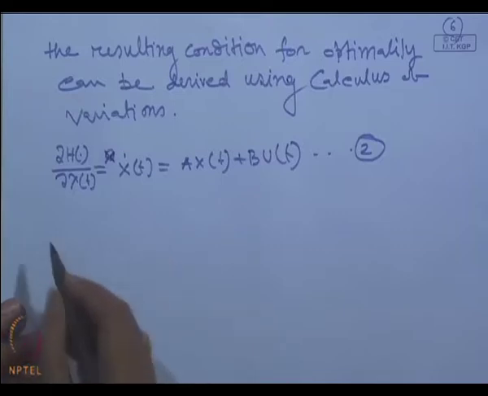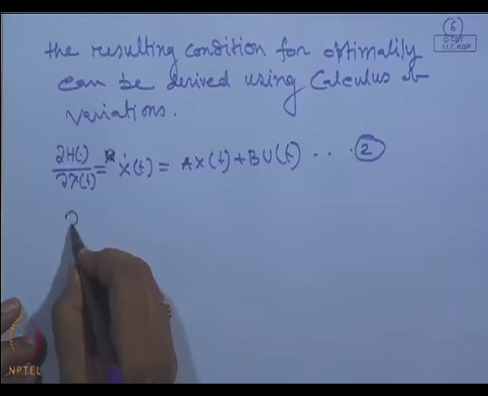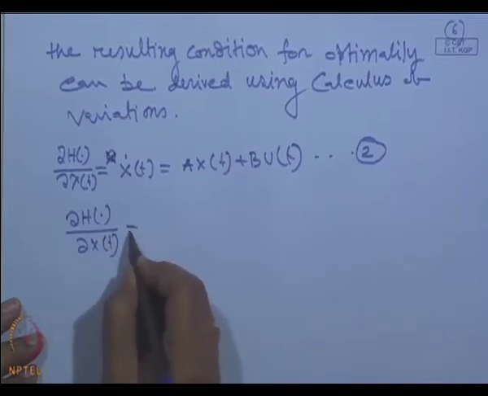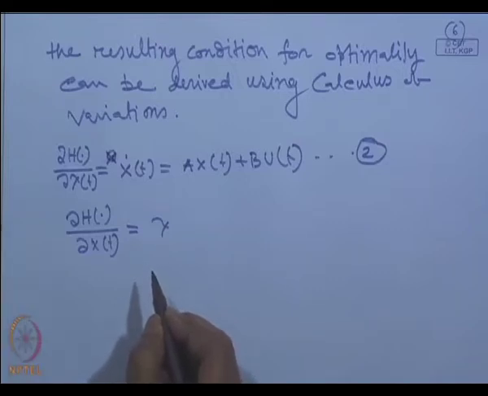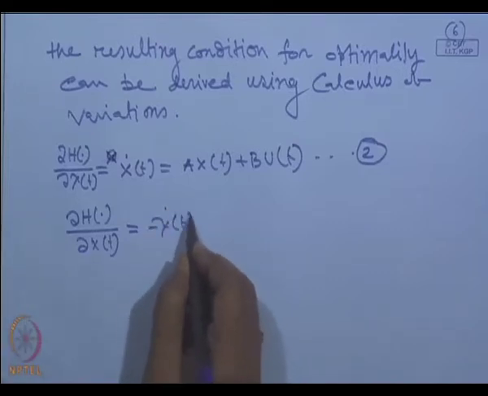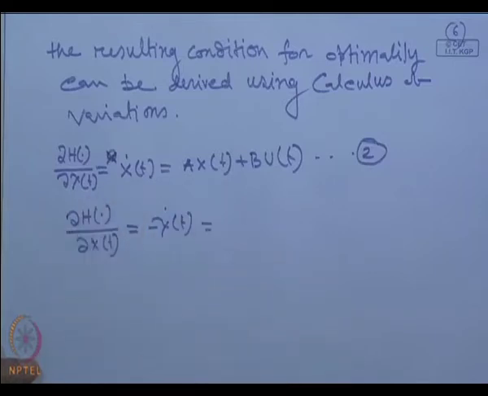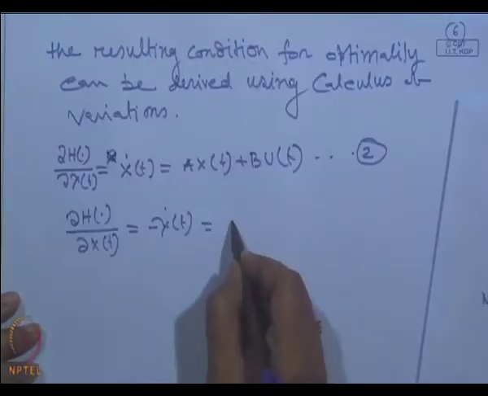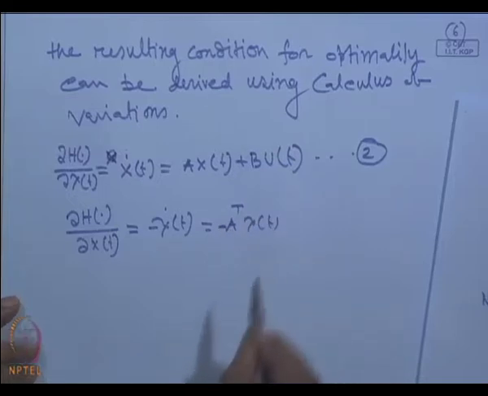This is the state equation. Then the co-state equation we can write as minus lambda dot of t is equal to del H del x of t. Now, differentiating H, this is nothing but A transpose lambda of t, so lambda dot of t is equal to minus A transpose lambda of t.